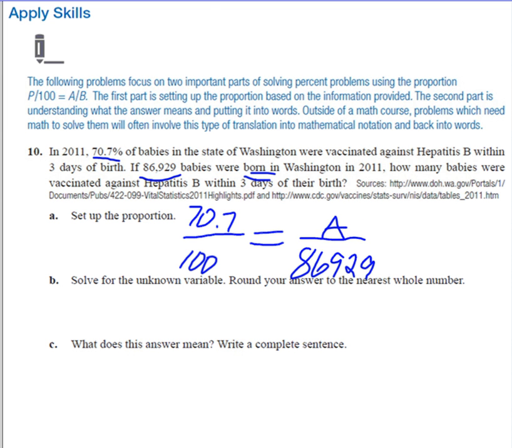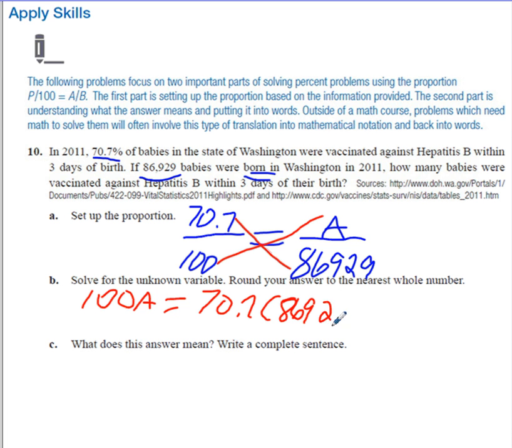So then again, it asks us to solve. So we'll do our cross multiplication. So 100 times A is the same amount as 70.7 times 86,929. And I'm not going to show all the steps for this because it would just take too long with me trying to write with the mouse.